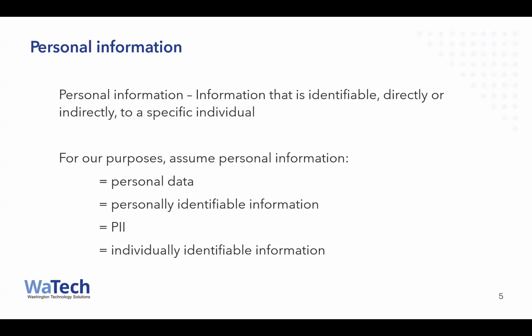So there are some differences between these terms if you really get into the details. And there are some people that really do like to parse the differences between them. But for our purposes, we try to keep this pretty general idea of just information directly or indirectly identifiable and use these more or less interchangeably.